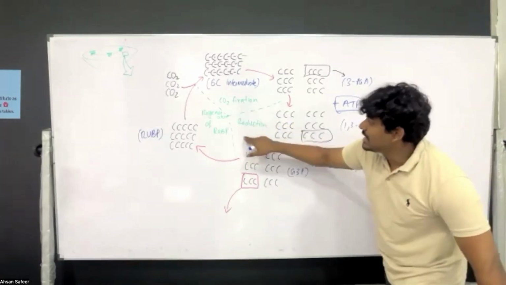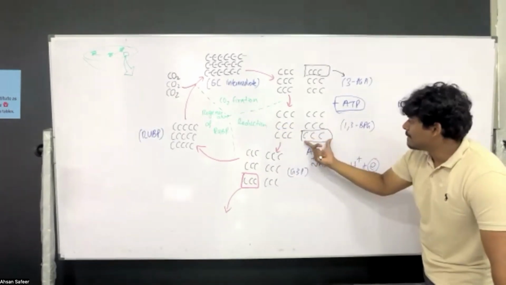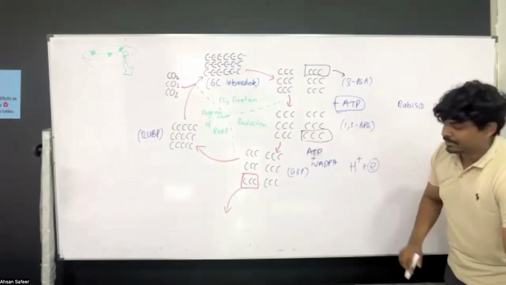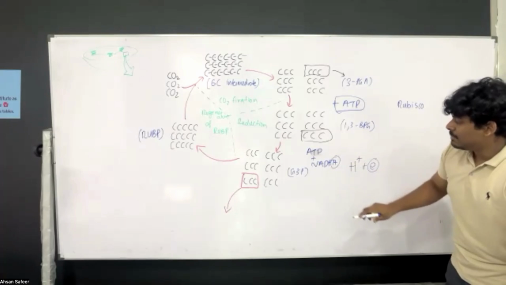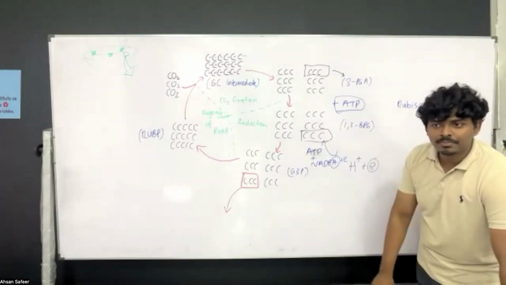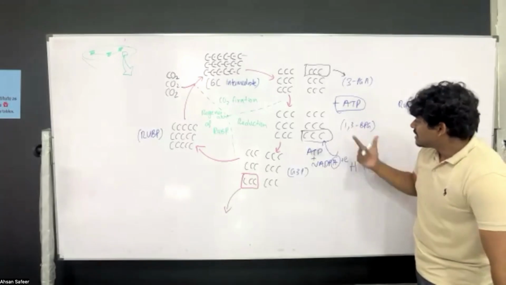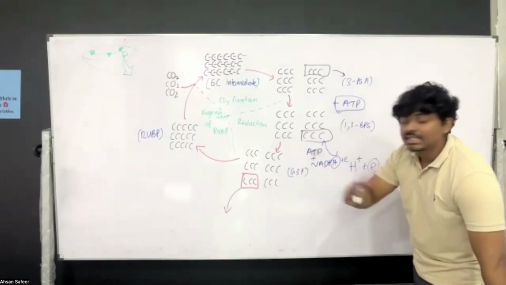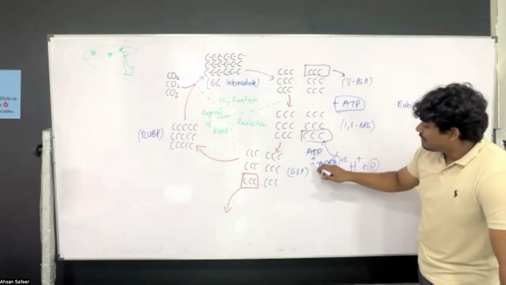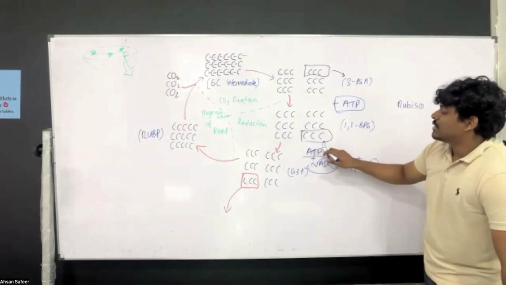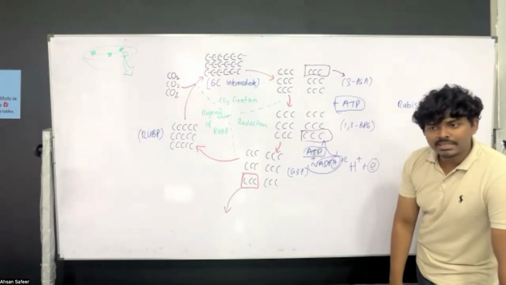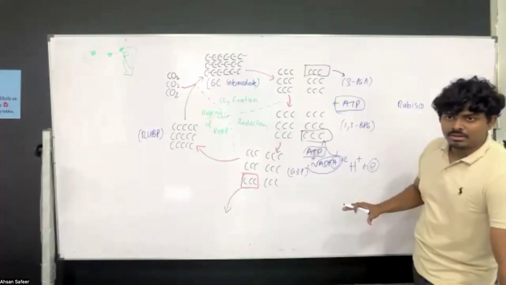So this 1,3-bisphosphoglycerate will become glyceraldehyde 3-phosphate. The phase is the reduction phase. That means this compound is undergoing reduction. If it is undergoing reduction, the H from the NADPH along with electrons are being added to that compound. So when that happens, this 1,3-bisphosphoglycerate becomes glyceraldehyde 3-phosphate. Is that clear? So along with NADPH, ATP is also required because energy is required for everything. Therefore, ATP should be present. This is how you remember.